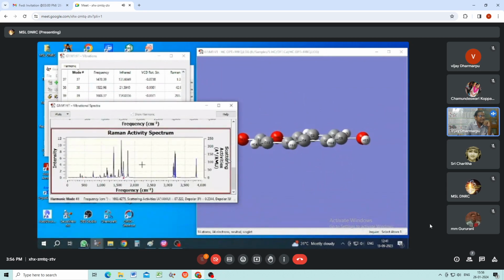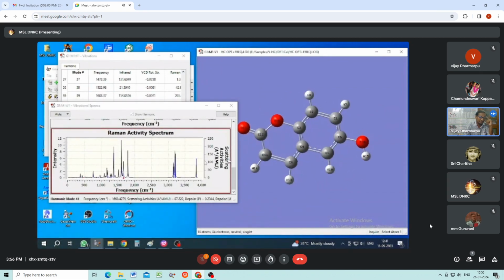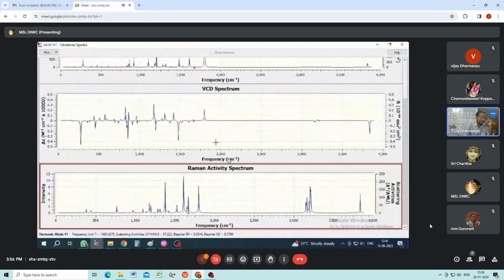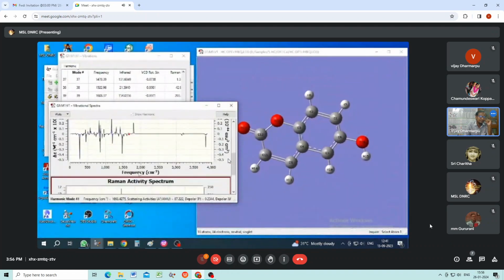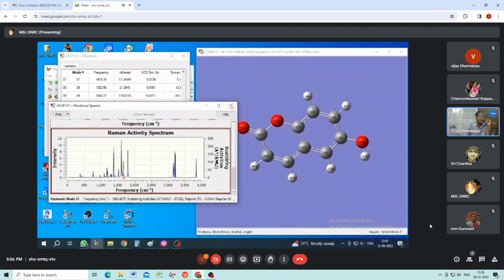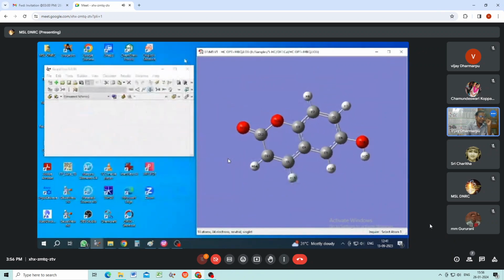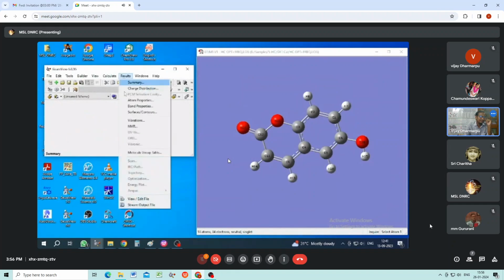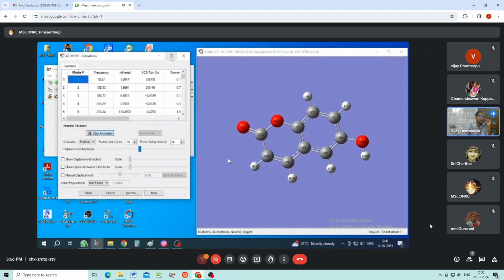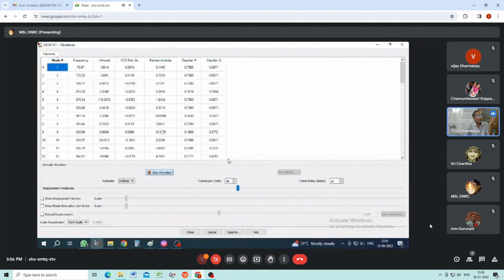And Raman studies, the Raman spectra also we can see. We see the IR spectra and the Raman spectra. We can see these things in less time, with no need of big sophisticated equipment.